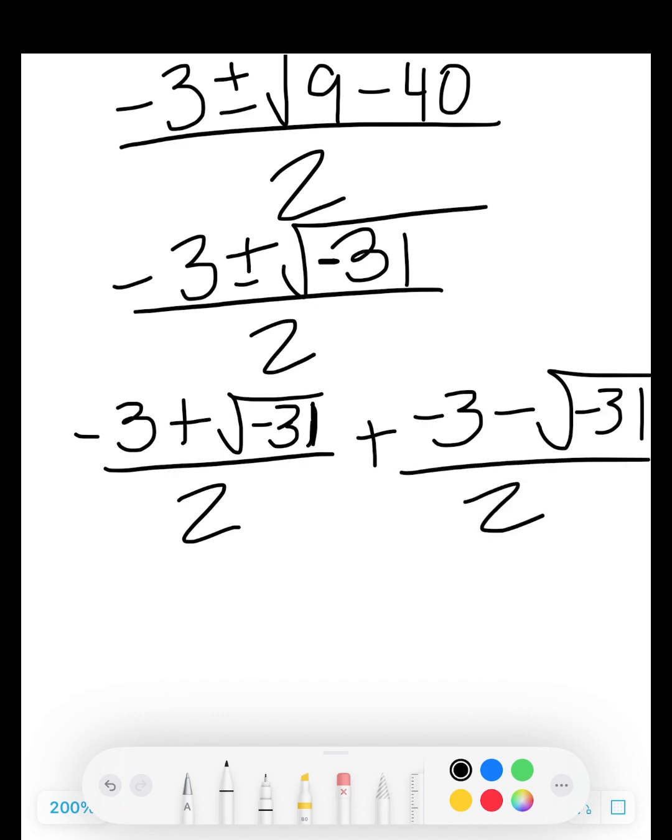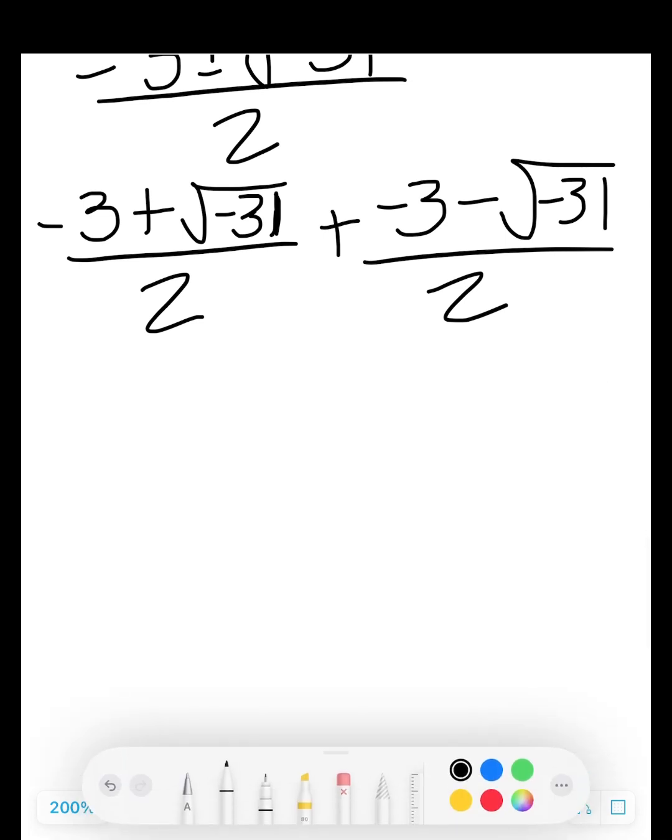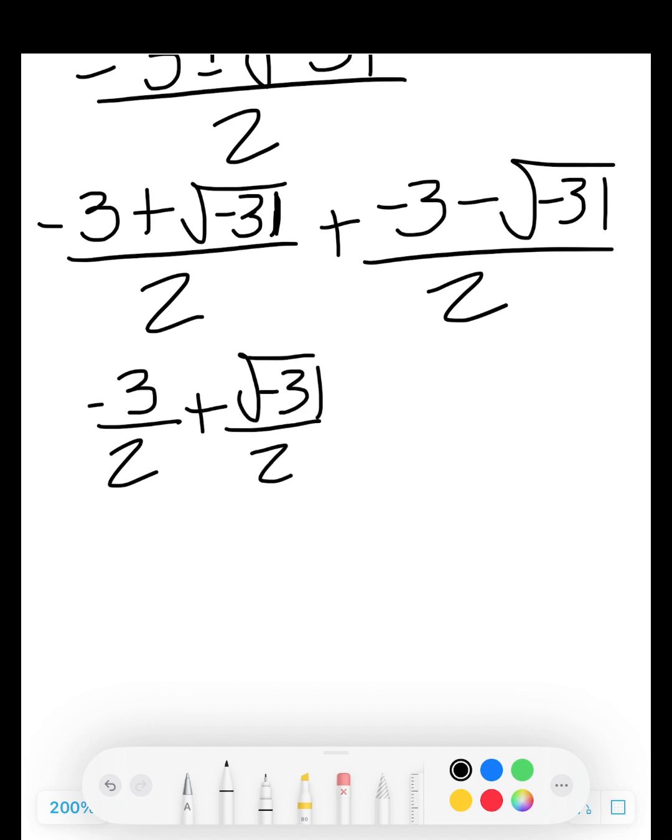And we're going to see what happens to this. So I can split each of these fractions into negative 3 over 2 plus square root of negative 31 over 2, and then I'll have negative 3 over 2 minus the square root of negative 31 over 2.